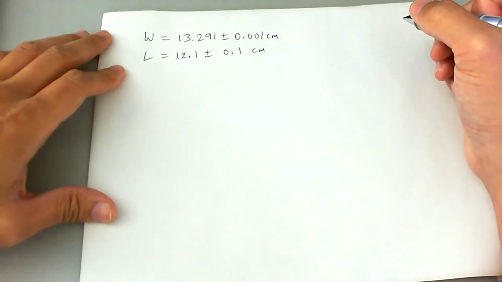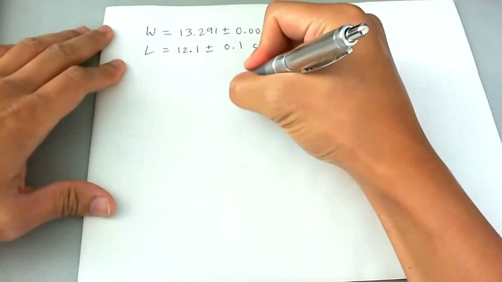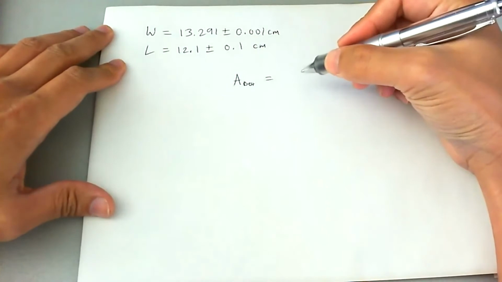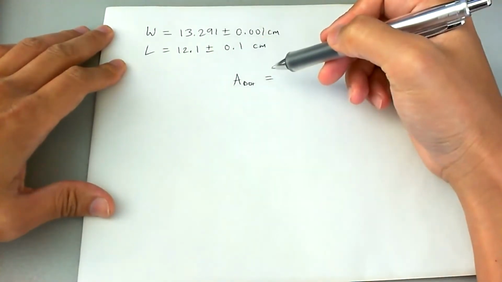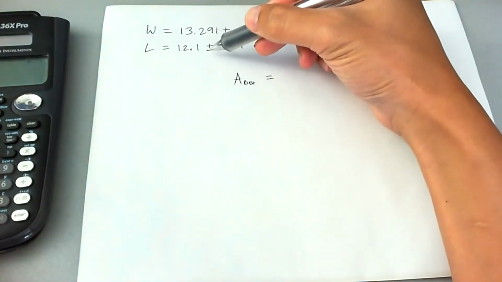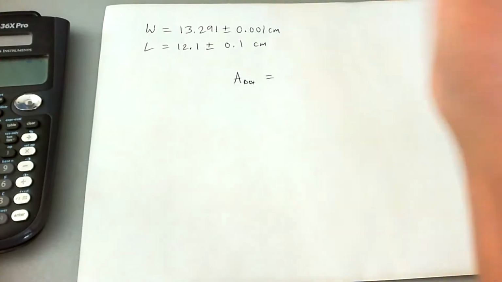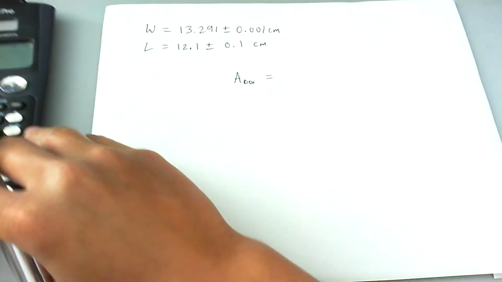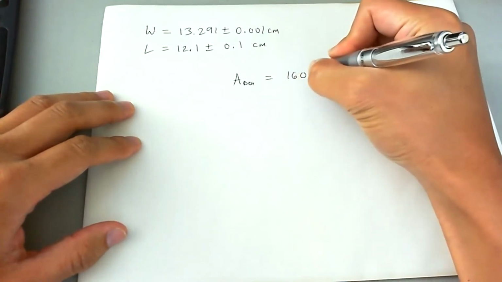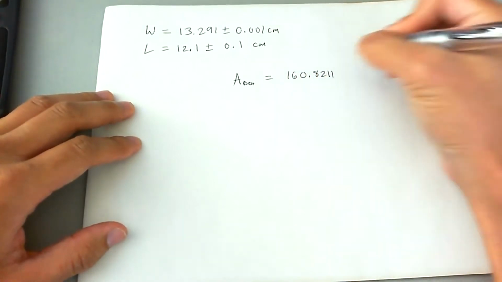So this is, again, a two-parter. Finding the area, or the best area, is done the same way as always. Basically, you take the width times the length. That comes out to be 160.8211.